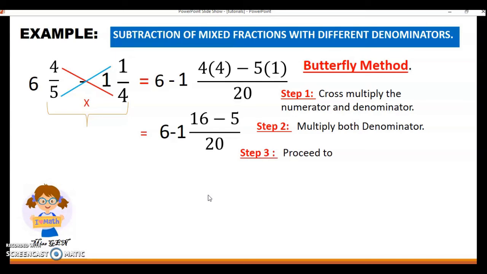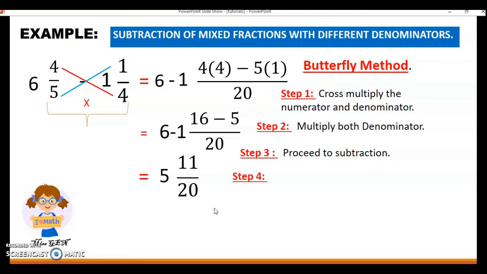Step 3, proceed to subtraction. Now we will subtract our whole numbers and then our fractions. 6 minus 1 is 5 and 16 minus 5 is 11, and our common denominator is 20.